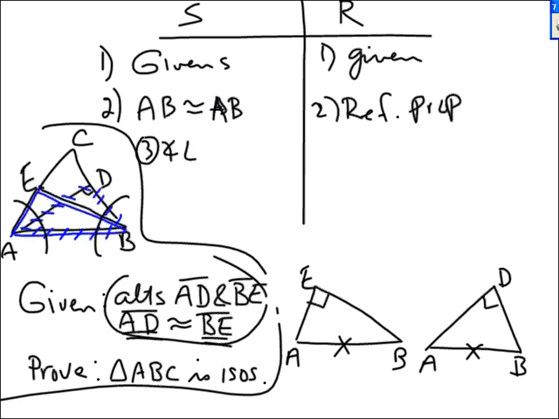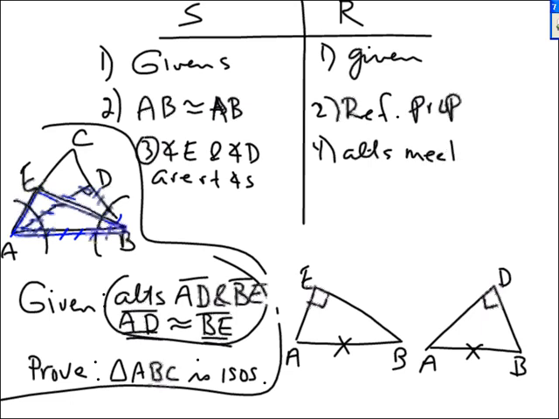Angle E and angle D are right angles. The reason is altitudes meet the opposite sides at right angles. For example, the altitude at this B down here.